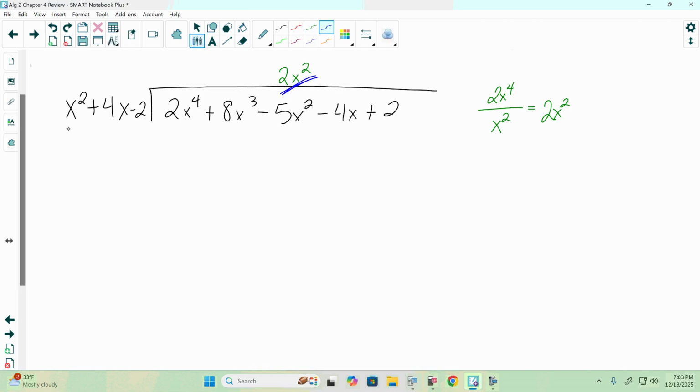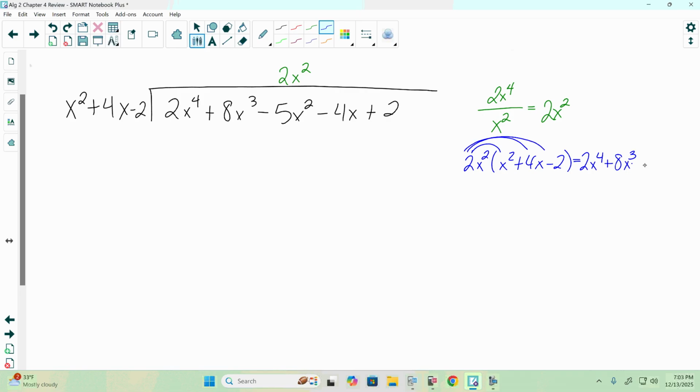Now we're going to take that and multiply it by what's outside. So we're going to have 2x squared times our x squared plus 4x minus 2. 2x squared times x squared is going to be 2x to the 4th. 2x squared times 4x, 2 times 4 is going to be plus 8, x times x squared is x cubed.